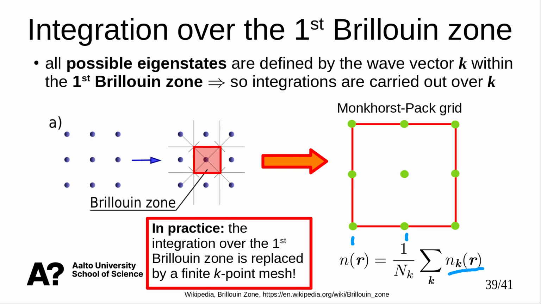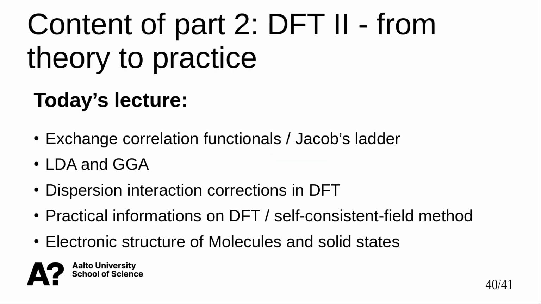So let's sum up the lecture from today. We discussed 5 topics. First of all, the exchange and correlation functionals and the concept of the Jacob's ladder. We then discussed in more depth the concept of local density approximation and the generalized gradient approximation. We spoke about dispersion interactions and the need to correct them in DFT because we underestimate non-covalent interactions.